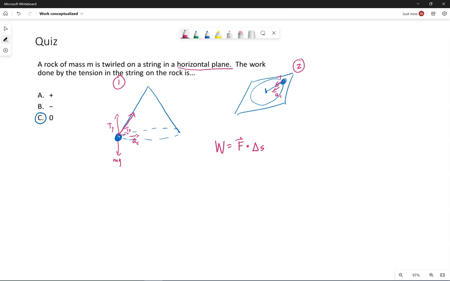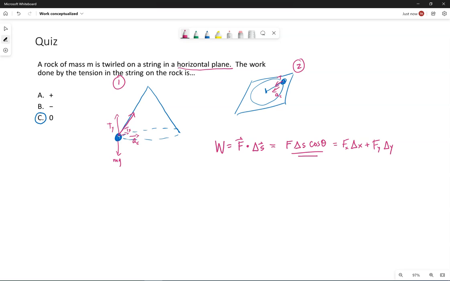So the tension, if we just assume it's constant, which it would be in the horizontal situation, I suppose, we can write the dot product as the force dotted with displacement, or we can write it generically as the force times the delta S times the cosine of theta. Or we can write it as these x components multiplied together.